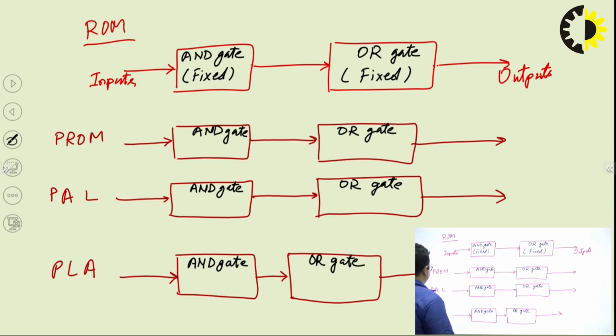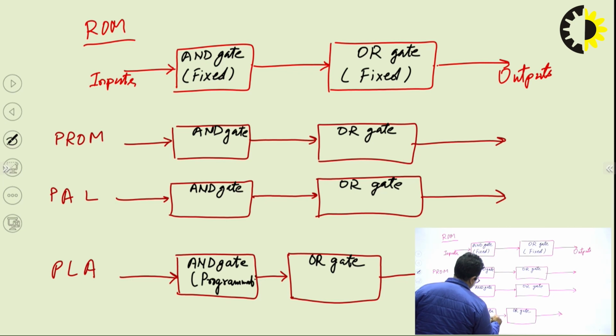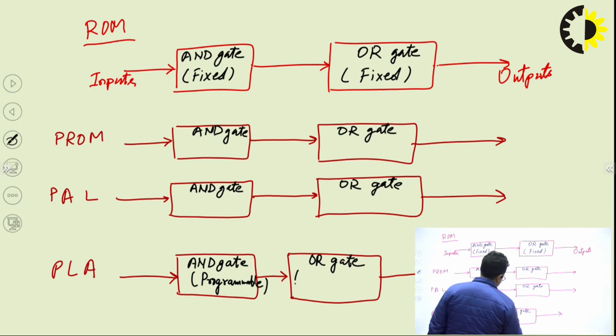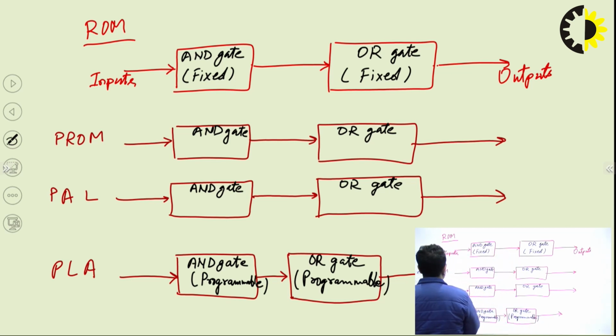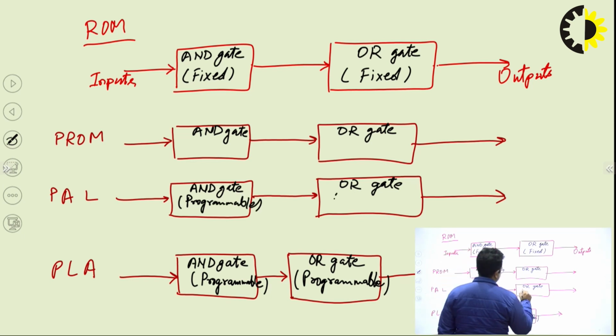So in the case of the PLA, with the help of the previous trick, the AND gate is programmable, and the OR gate is also programmable. On this side, in the PAL, the AND gate is programmable, whereas the OR gate is fixed.